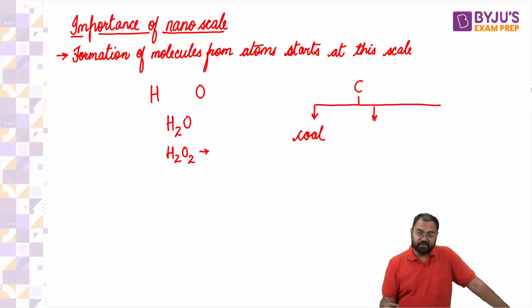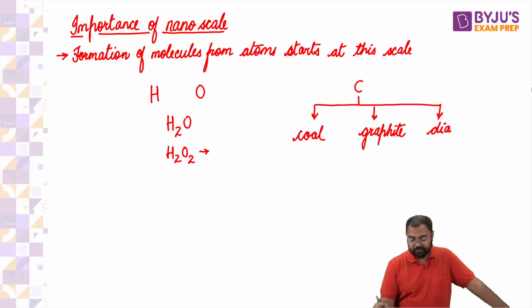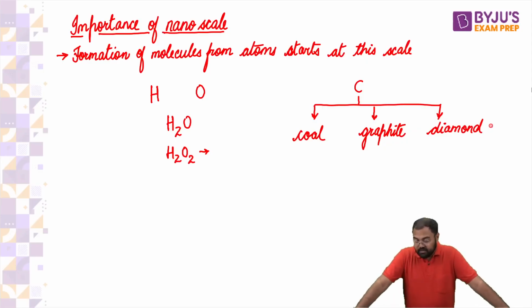The same carbon also exists as graphite, and the same carbon also exists as diamond, right? So the same carbon is graphite, the same carbon is diamond.